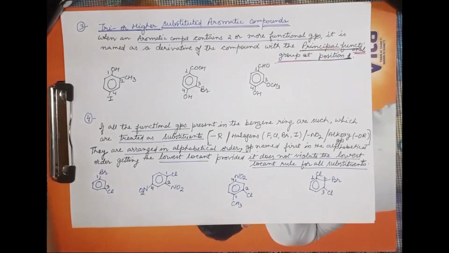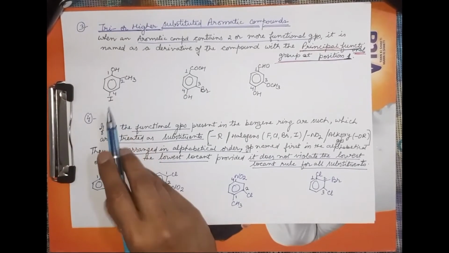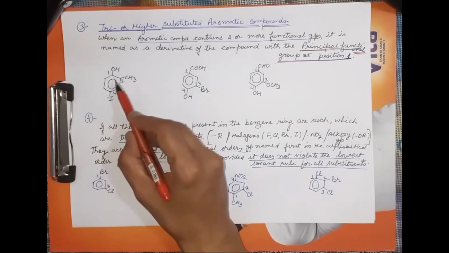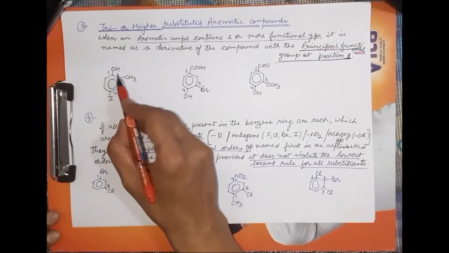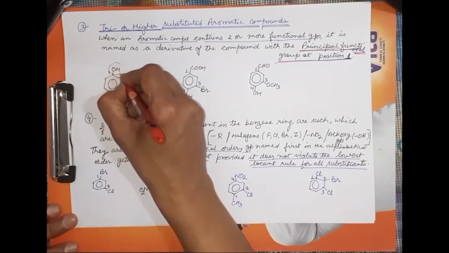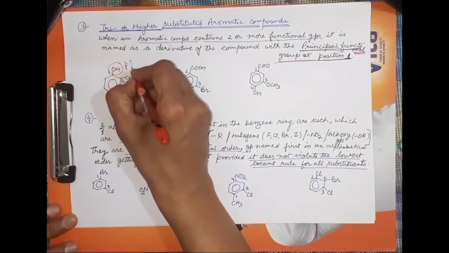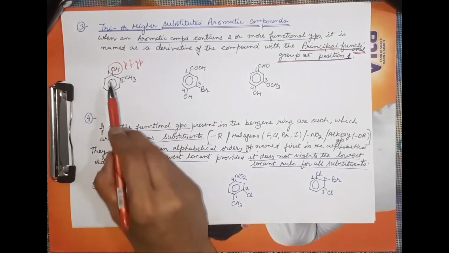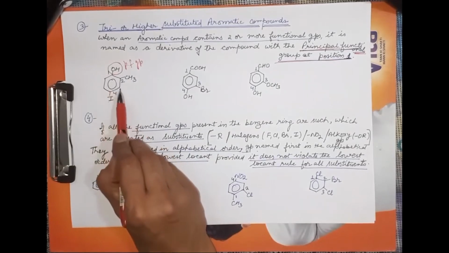So let us see with these examples. This is the first example. Here only one functional group is there in this case. This OH is the only principal functional group, and both these are the substituents. So this will be given 1, 2, 3, 4.